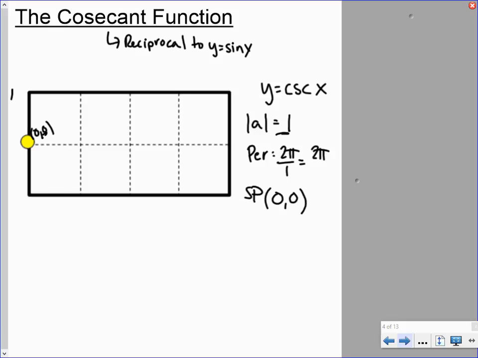So 0 plus 1 is 1, and 0 minus 1 is negative 1. And then I will take my x-coordinate of my starting point, which is 0, because I have no left-right shifting, and I'm going to add my period to that. So 0 plus 2 pi, my endpoint should be 2 pi.